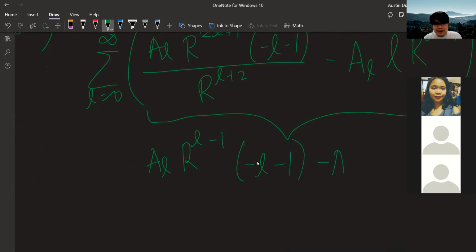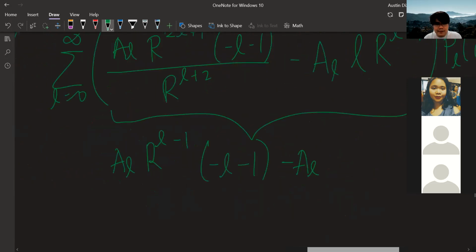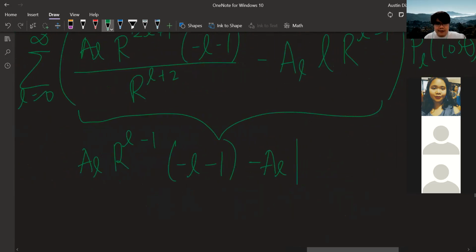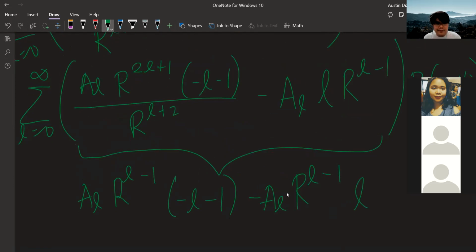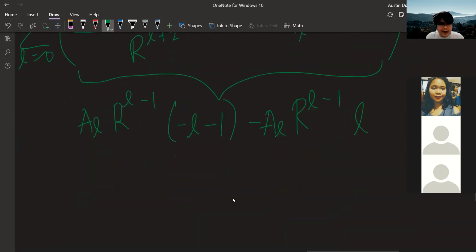The other side is A_l R raised to l minus 1 times l. So we have A_l R raised to l minus 1, tapos negative l minus 1 minus l. Okay.